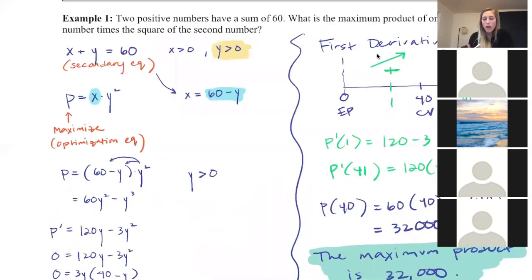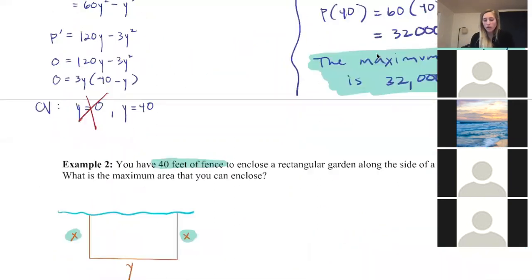For example 1, we had no limit to what y could be or what x could be, right? Because we were given that it was 2 positive numbers, there was no way to make a closed interval.